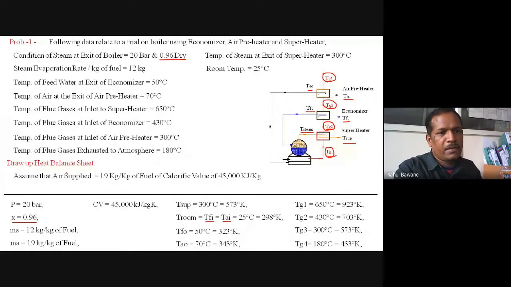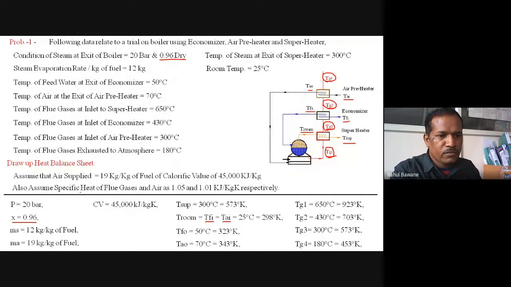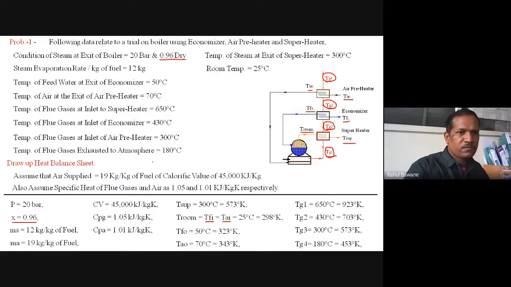Draw up the heat balance sheet. This is our task. Also assume specific heat of flue gases and air, so Cp of exhaust gas and Cp of air are given. But if we observe, there is no rate of fuel supply.